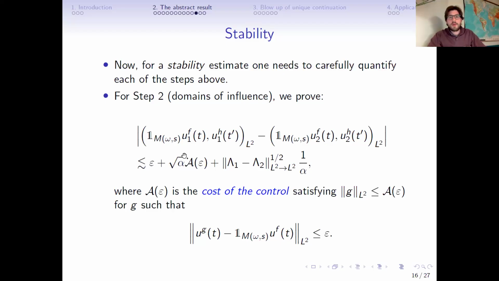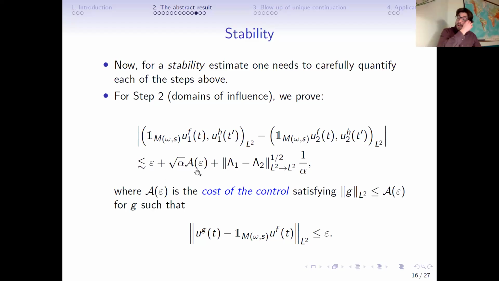So you have this quantity here, and you have essentially two parameters. You have this epsilon, you have this constant that I'm going to talk about, and you have this alpha. So what is epsilon? Epsilon is exactly the precision of the control. So it makes sense that you need to quantify how close you are to the target. So this is the precision of the control.